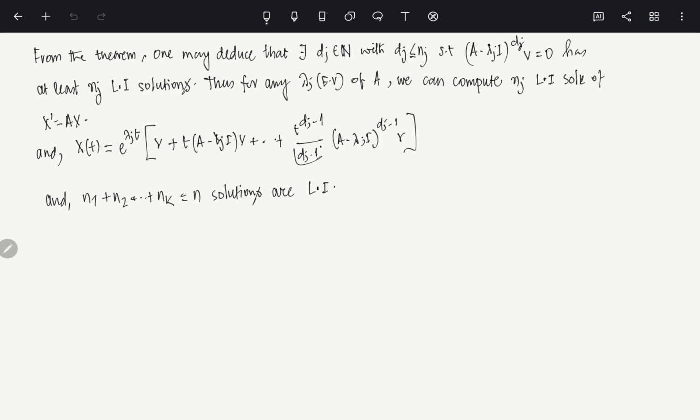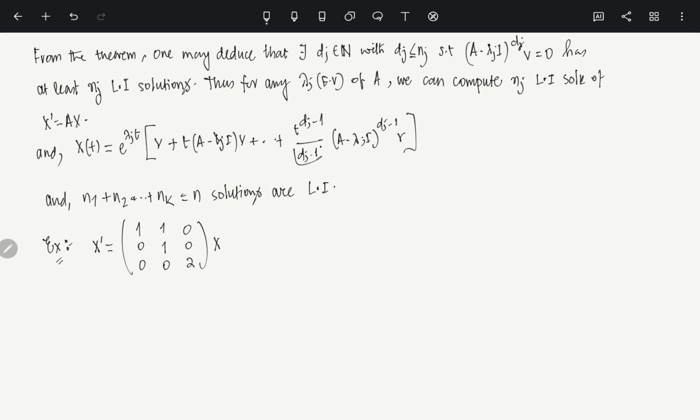As an example, let me do one so it may become clear. Let's say x prime equals the matrix [1 0 0; 1 1 0; 0 0 2] times x. Clear?